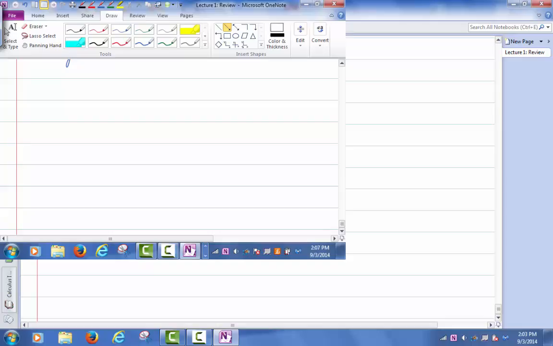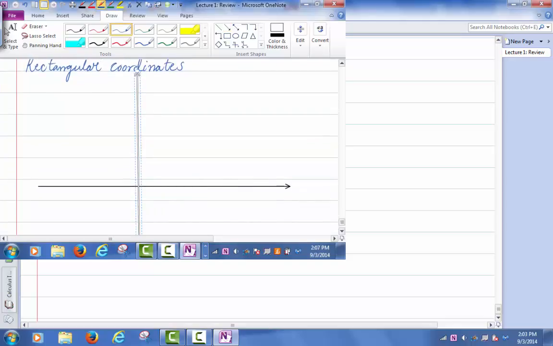We take one horizontal real number line, and then we also take a vertical real number line, and we call the horizontal one the x-axis, the vertical one the y-axis, and they intersect at the point 0. The point that represents 0 on the number line is where they intersect.